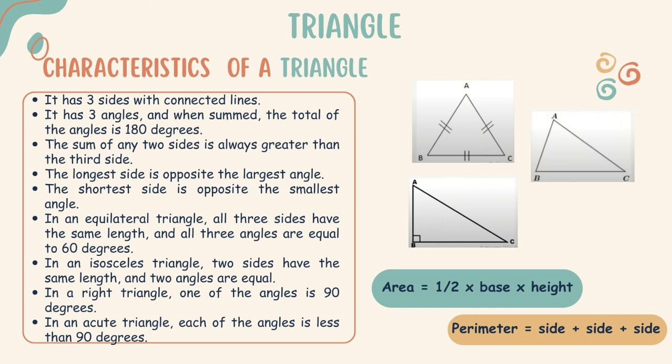Then, in a right triangle, one of the angles is 90 degrees, and the last one is an acute triangle, where each of the angles is less than 90 degrees. The formula for the area of a triangle is 1 over 2 times base times height, and the formula for the perimeter of a triangle is side plus side plus side.